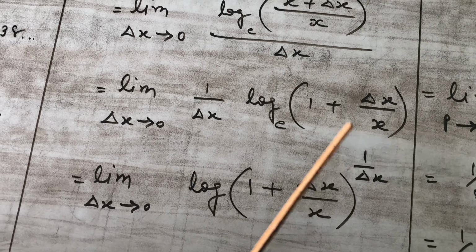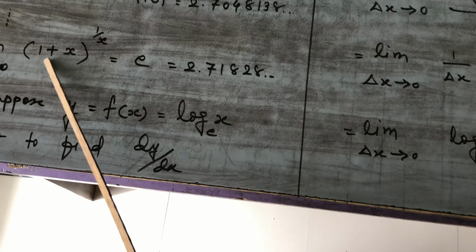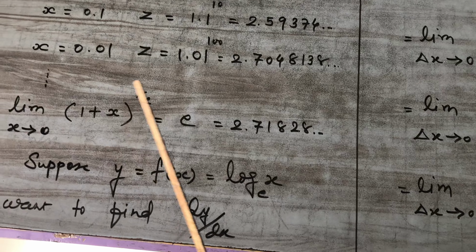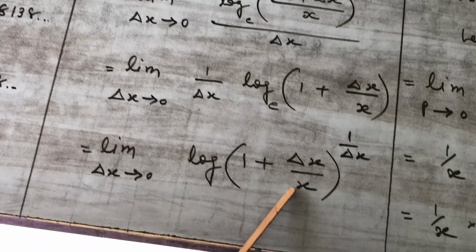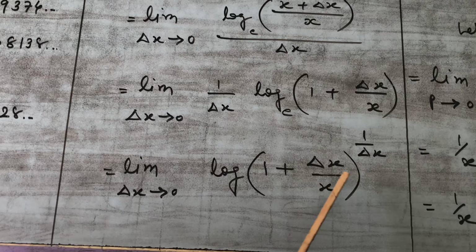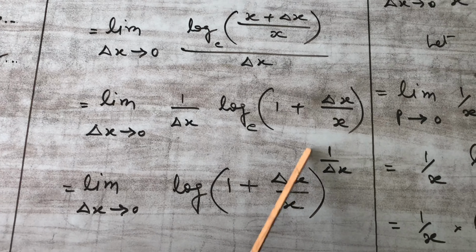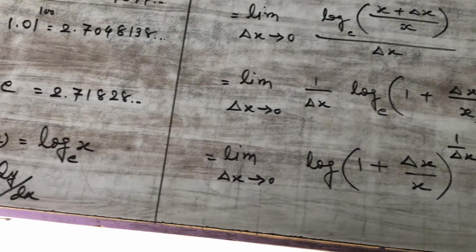Now we want to use this limit, x tends to 0, (1 plus x) raised to 1 upon x, where 1 upon x is the reciprocal. So here also x is a definite number and delta x tends to 0. So delta x by x tends to 0. So here we need x by delta x in the power, then we can use this result.